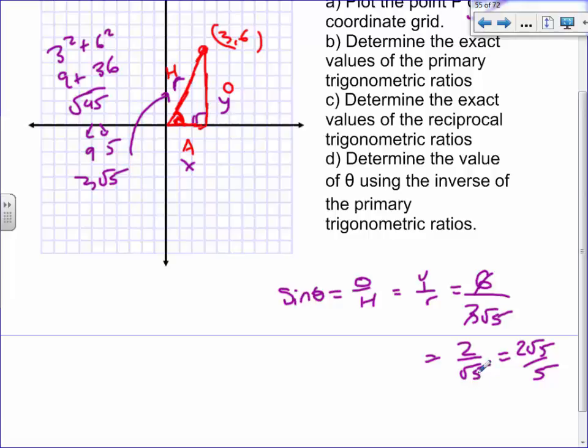So I rationalized the root 5 into root 5 over 5, by basically multiplying by root 5 over root 5. So what we now can say is that sine of theta is 2 root 5 over 5. So there's one. That's one of my trig ratios.